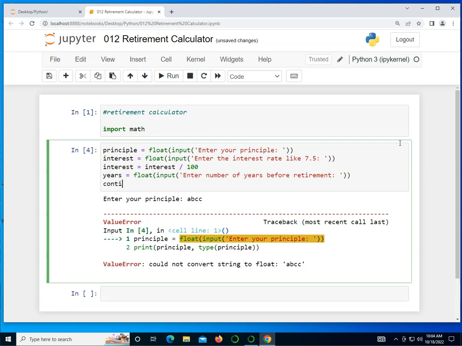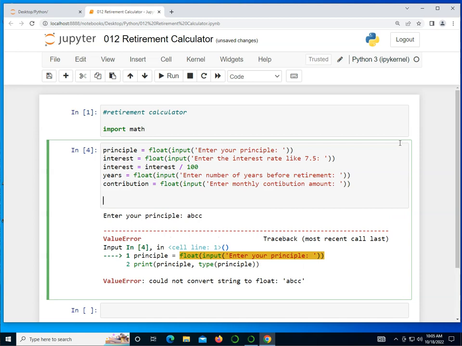And contribution. This is going to be a floating point, although it really could be an integer in this case. Input, enter monthly contribution amount. There you go.